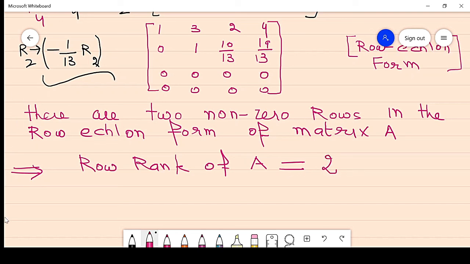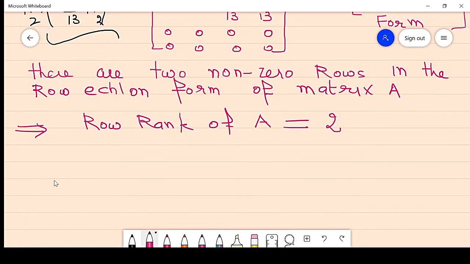So in this way we can find the row rank of any matrix.